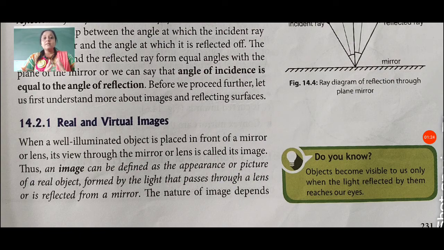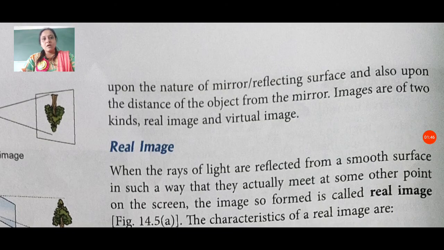That means the object we see is formed in the mirror also, formed by the light that passes through a lens or is reflected from a mirror. The nature of image depends upon the nature of the mirror's reflecting surface and also upon the distance of the object from the mirror.